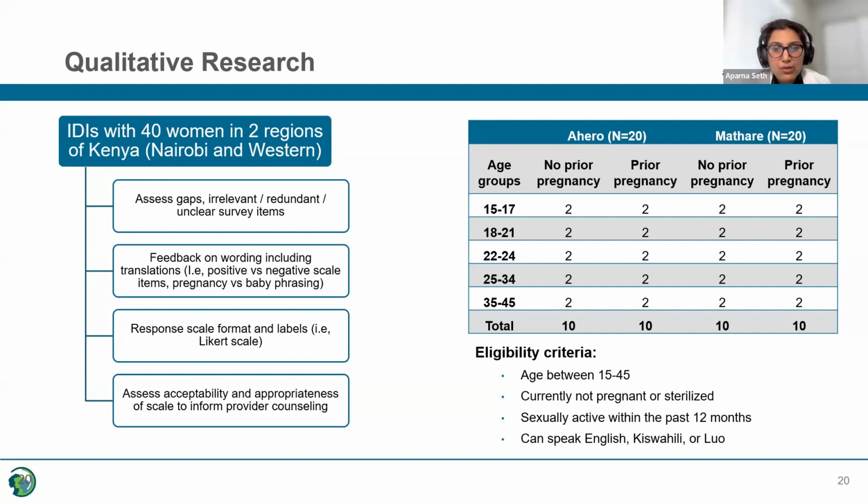Eligibility criteria includes age between 14 to 45, as I said before, currently not pregnant or sterilized, because we are not interested in any retrospective assessment of intentions and are looking at prospective intentions. Sexually active within the last 12 months and can speak one of these 3 languages, which are the main spoken languages in these Kenyan settings.